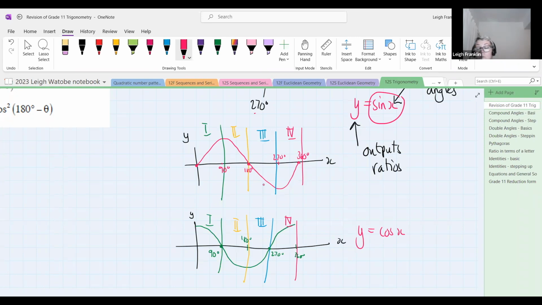Cos theta or cos x is negative in quadrants 2 and 3. That's where the line is below the x-axis. So y is negative. Do you see how it all ties together? Yes. Okay, so I think seeing it from this perspective really helps us to understand the Cartesian plane together with our graphs. I hope this makes a bit more sense to you as well.